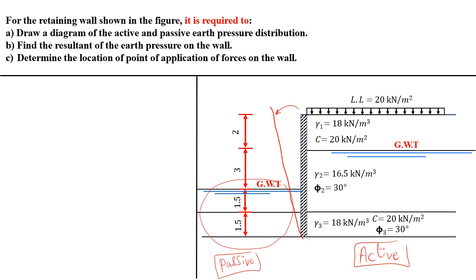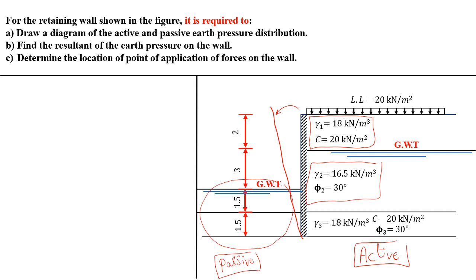So we have to calculate K active and K passive for the different soil layers in our problem. For the uppermost 2 meters we have a clay soil with C of 20 kilopascal and unit weight of 18 kilonewton per meter cube. Then we have a sand layer with an internal friction angle of 30 degrees and unit weight of 16.5 kilonewton per meter cube.